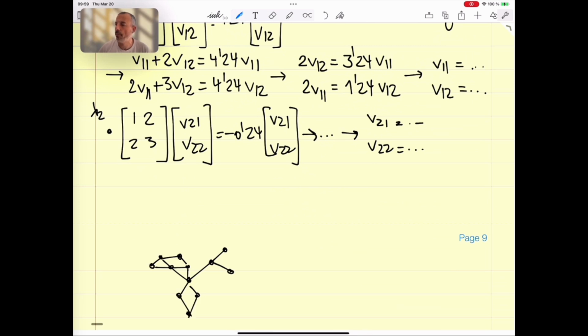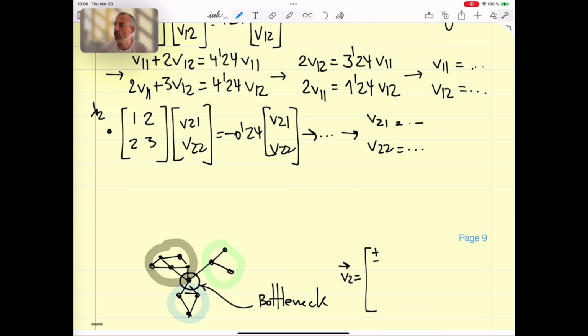Okay? So they are basically describing the directions. This is one cluster. This is one cluster. This is one cluster, and so on. Okay? So the second eigenvector is giving you the bottleneck, because it's giving you the point in which the structure is changing.